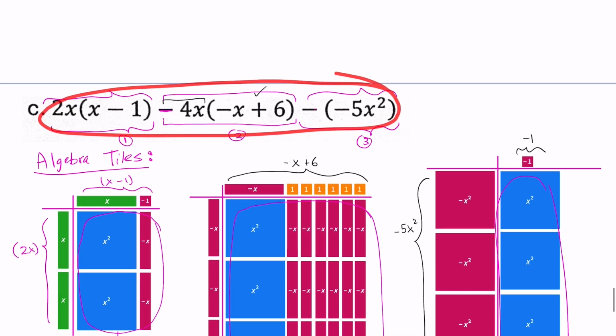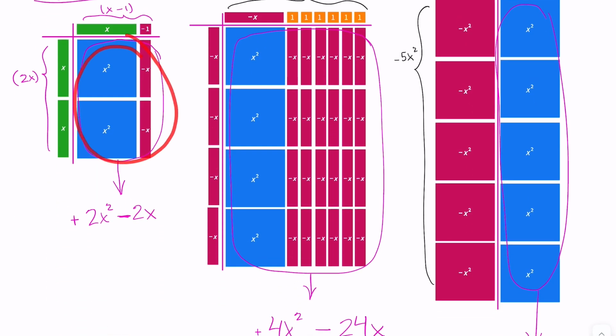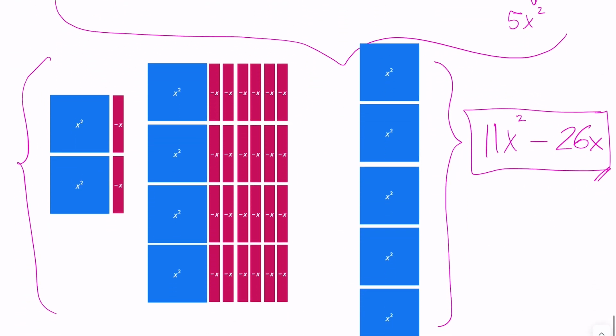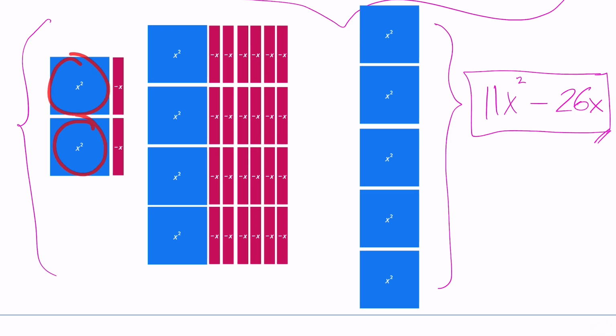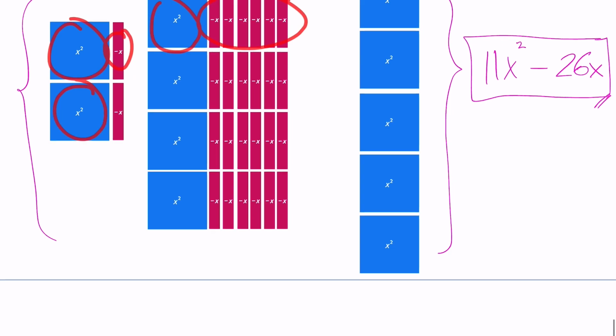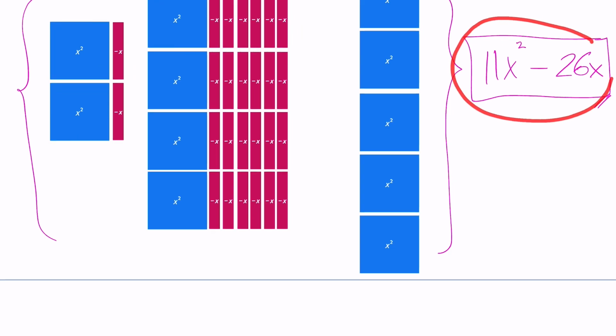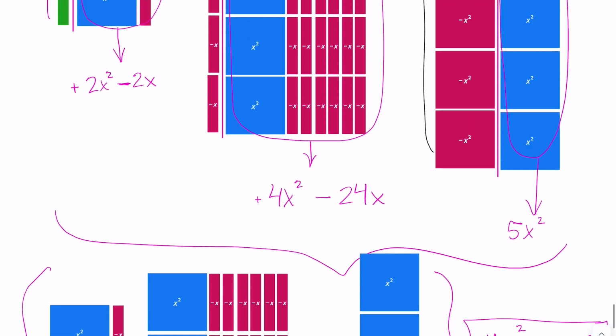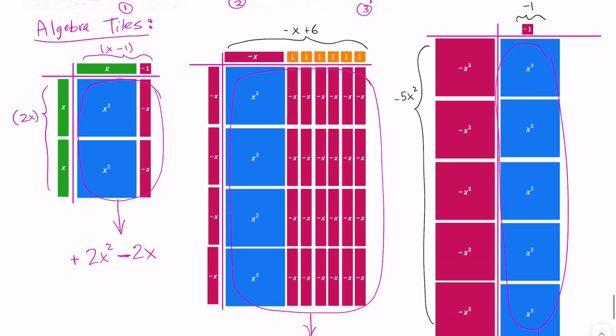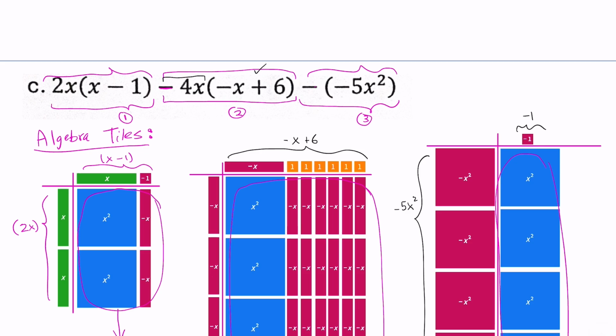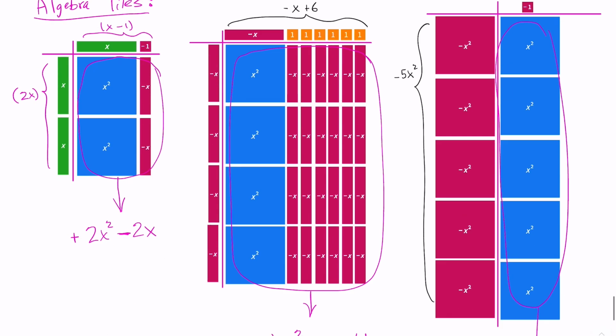After you've expanded it, after you've found the area, and then you collect all the like terms, the x squareds together with the red rectangles, or the negative x's, you're going to end up with 11x squared minus 26. We did this using the algebra tile method. Again, we could do this problem using pure algebra, and that's maybe what you might prefer to do.